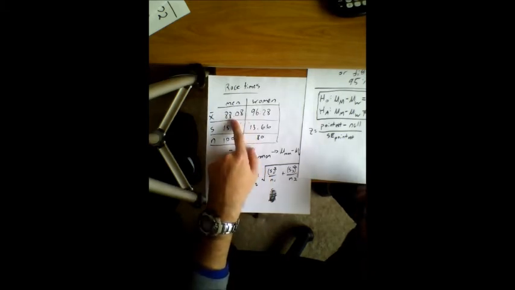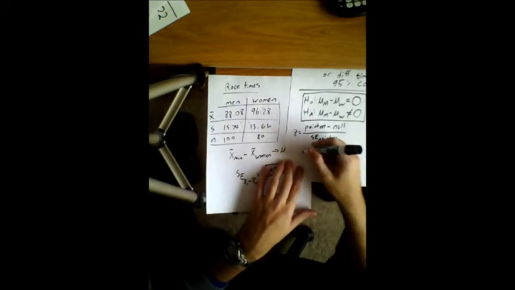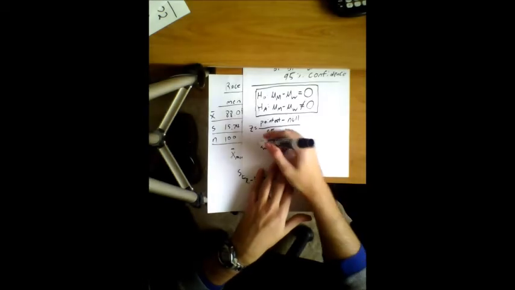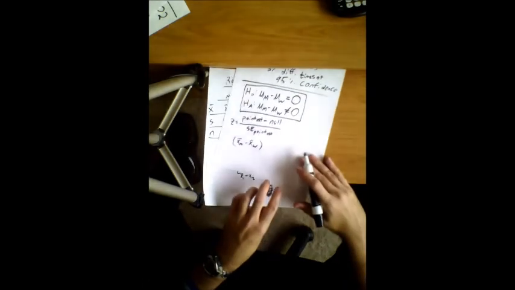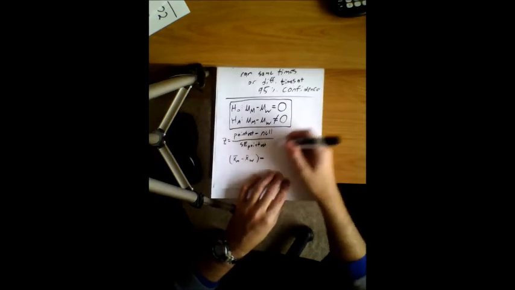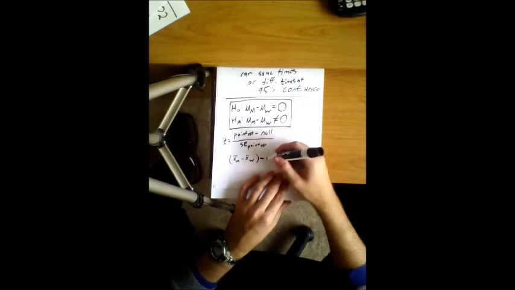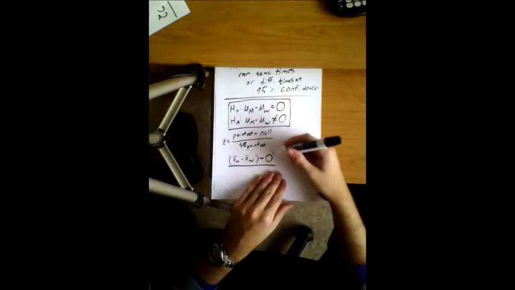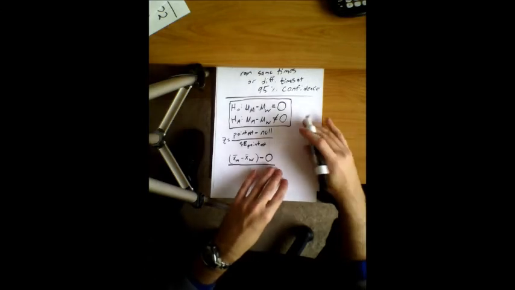That's our point estimate: x bar men minus x bar women. Our null value is 0, what's true under the null hypothesis. And down here, the standard error of the point estimate.